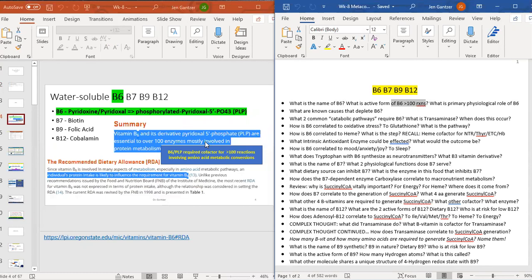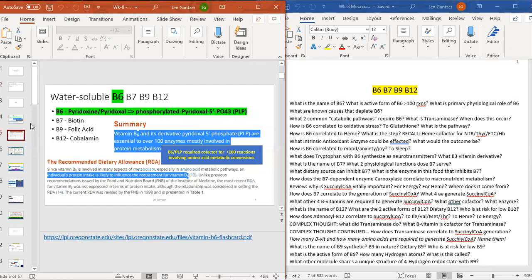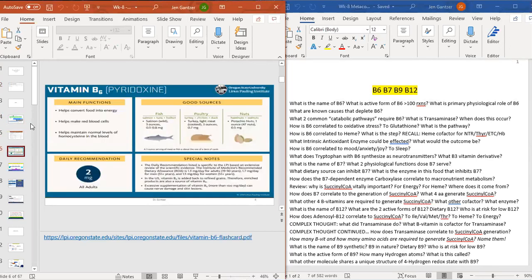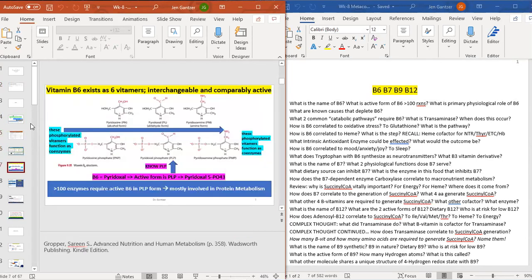So when you think of protein metabolism, greater than 100 reactions, I want you to be thinking about PLP. What is the primary physiological role of B6? That is your PLP to support protein and amino acid metabolism, which is also why you're going to see a lot of B6 come back up once we get into protein metabolism.